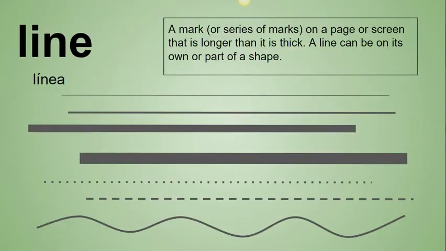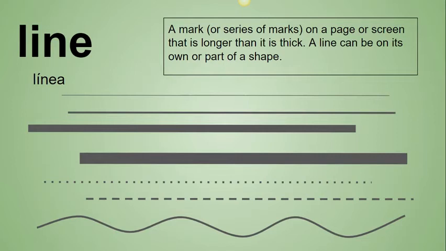So line is one of the elements of design. A line is a mark or a series of marks on a page or screen that is longer than it is thick. A line can be on its own, or it can be part of a shape. And it is one of the core concepts of effective design. Line.